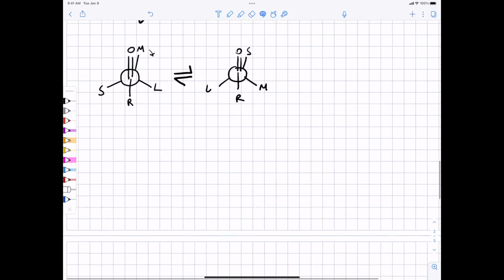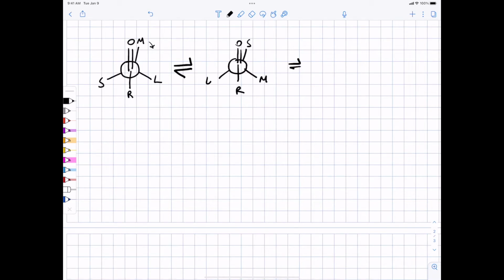And then we could rotate again to generate the third and final conformation, which might have the large group here, the small group here, and the medium group there. All right. So we might be tempted to ask ourselves which of these conformations is the most stable, and then, and only then after that, consider where the nucleophile should attack from.